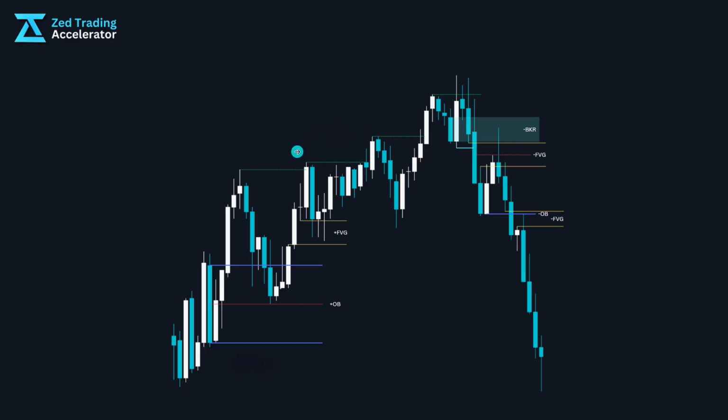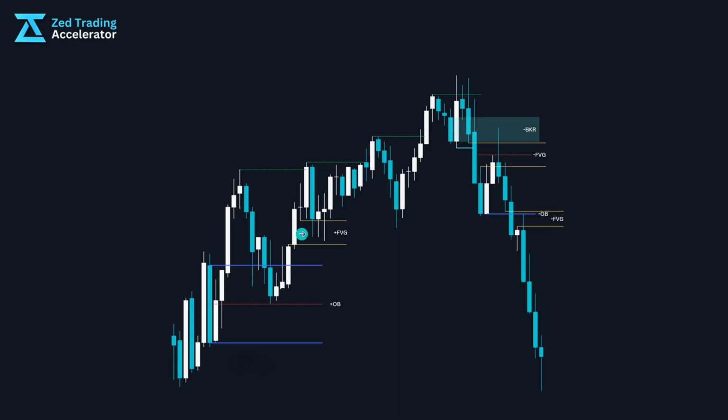We have another break of structure right here. Price went up, displaced very deeply, failing to respect our order block right here. But if you look closely, we have our fair value gap right here.